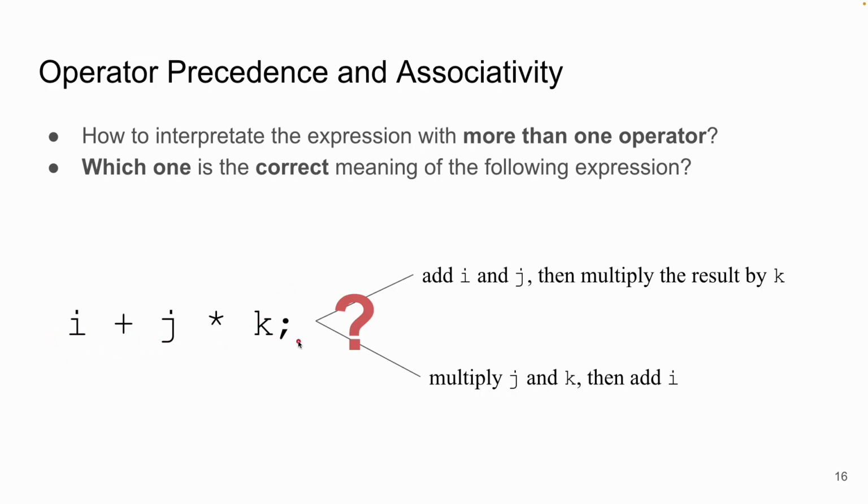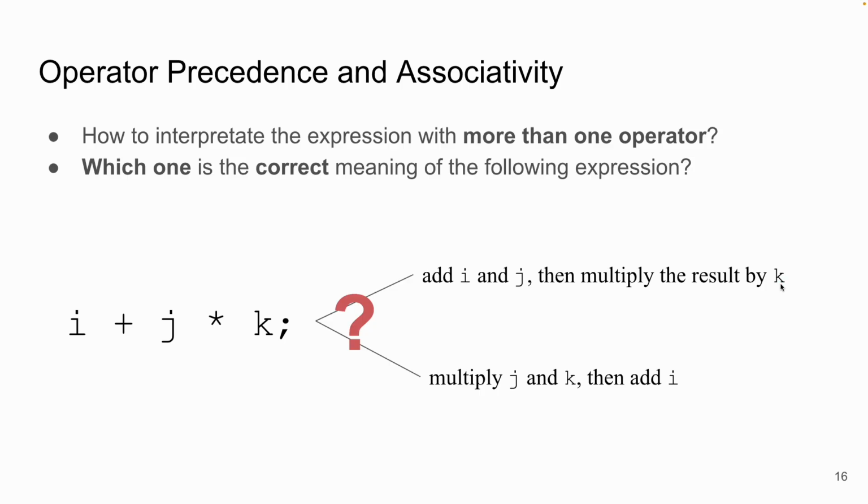And we can understand this expression in two ways. The first way is that I just read this expression from left to right. If I do that, I might say that this expression wants to add i and j together, and then multiply the result by k. So this is the first version of the expression.